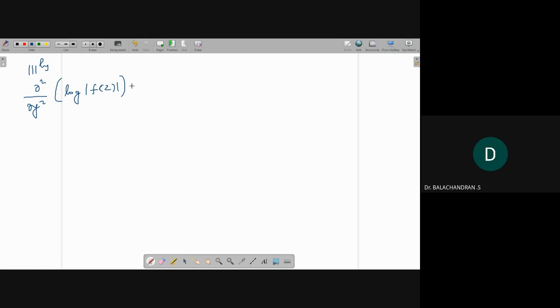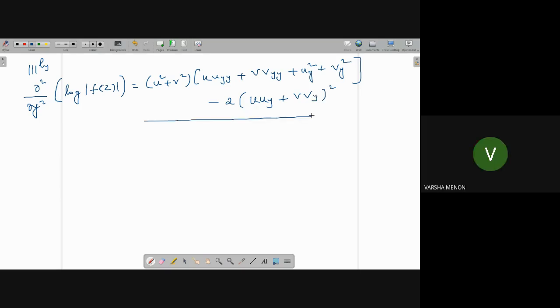Now u square plus v square into u into uyy plus v into vyy plus uy square plus vy square, minus 2 into uuy plus vvy the whole square, divided by u square plus v square the whole square. So you call this equation 2.